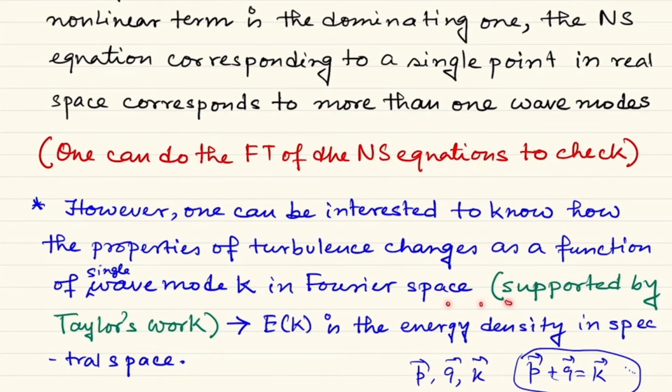So we actually have to think of a two-point correlation function, and this is exactly supported by Taylor's work of 1935, which says that we have to be interested in two-point correlation functions.